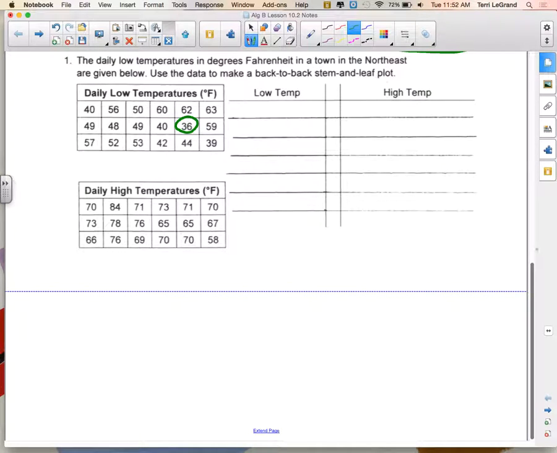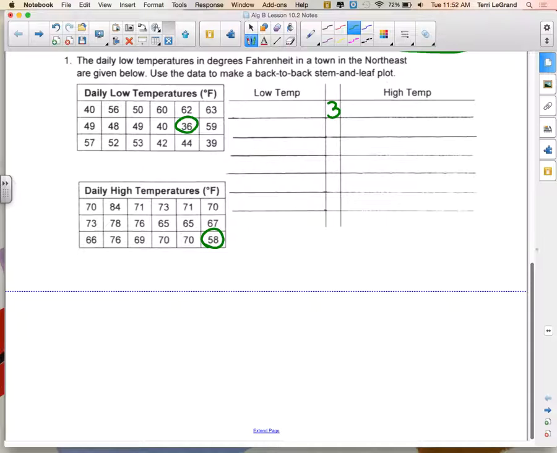Well, the highest. I want the lowest high temperature. 58? Okay, because we have to make sure we have the lowest of both of them. What's the lowest of both of them? Is 36 or 58 lower? 36. So we're going to have to start our stems at 3.